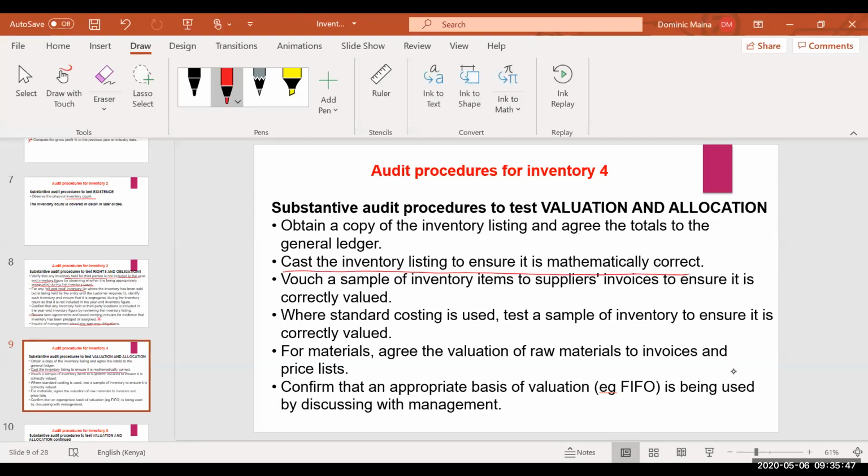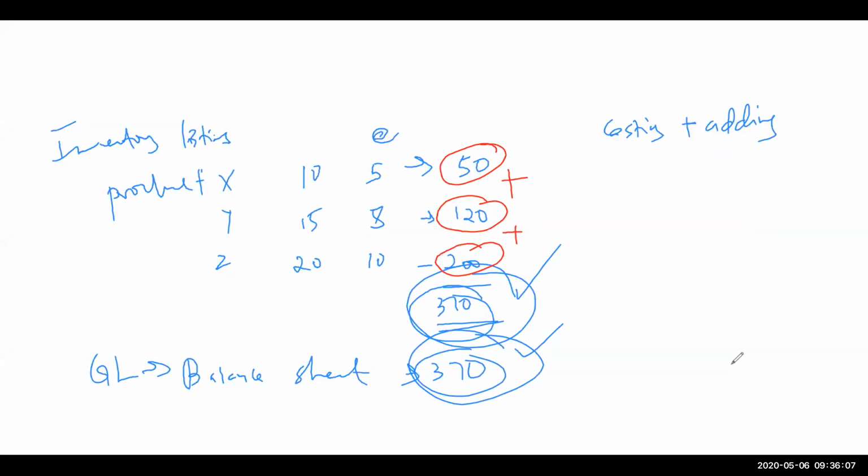Then vouch a sample of inventory items to suppliers' invoices to ensure it is correctly valued. So you can take a sample of the inventory items to supplier invoices to ensure they are correctly valued. In short, if, for example, we go back to the inventory listing, here we have product X, so we have 10 units of X at this particular value.